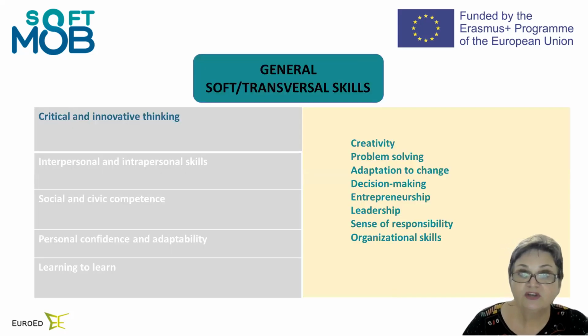We want to review some of the most important general or soft transversal skills. The first one is critical and innovative thinking, involving sub-skills such as creativity, problem solving, adaptation to change, decision-making, entrepreneurship, leadership, sense of responsibility, and organizational skills.